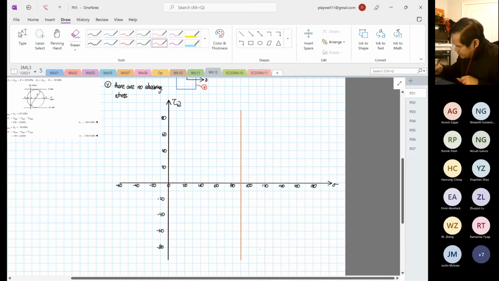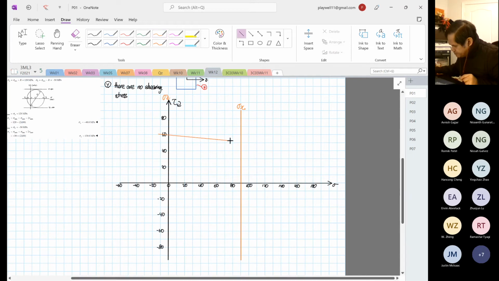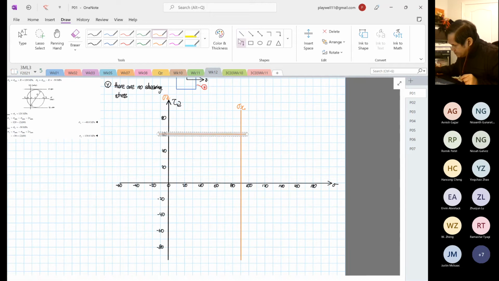So this is our stress X. This is our stress Z line. And then we have a shear of 60. We have another shear of 60.